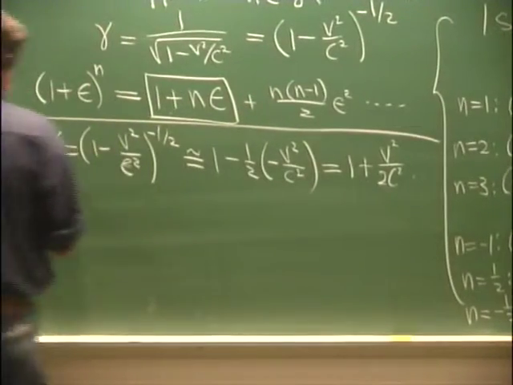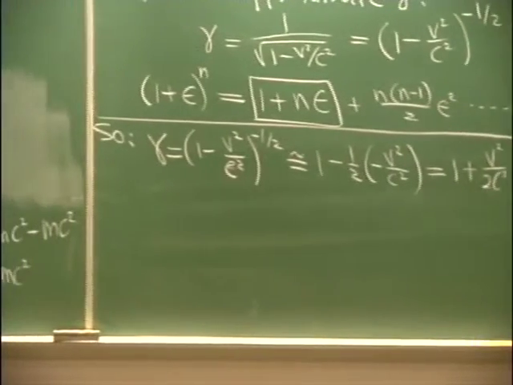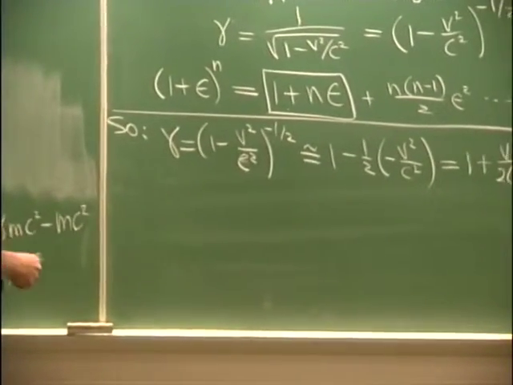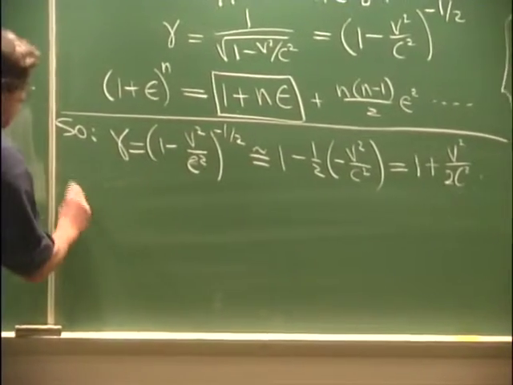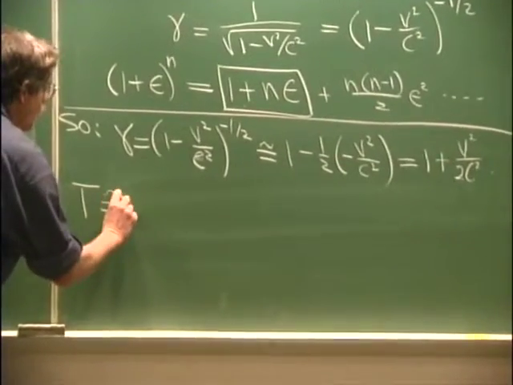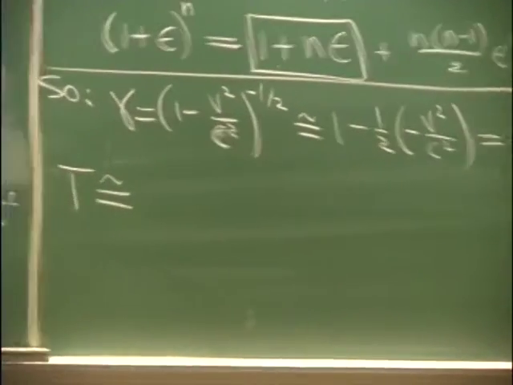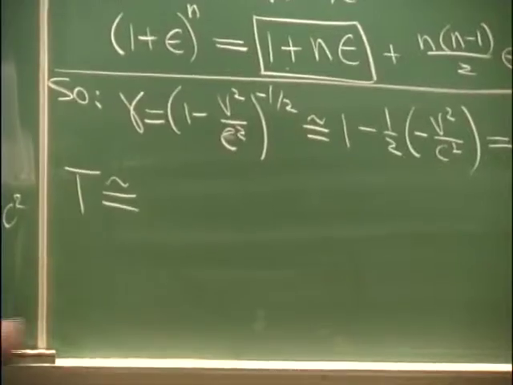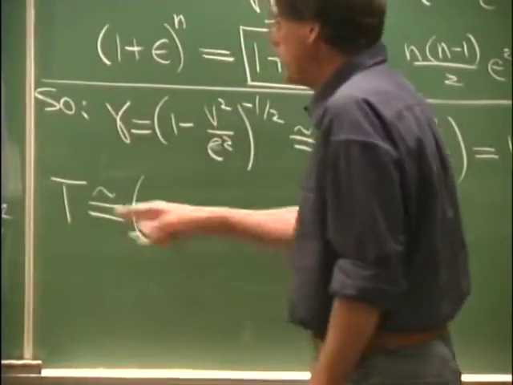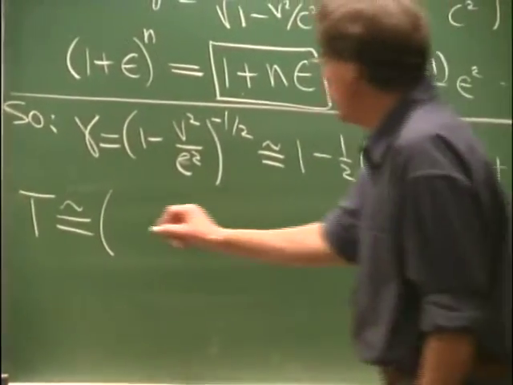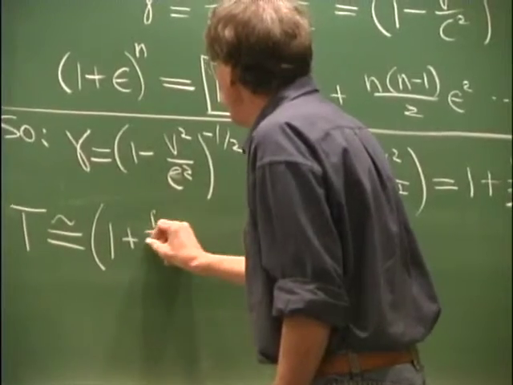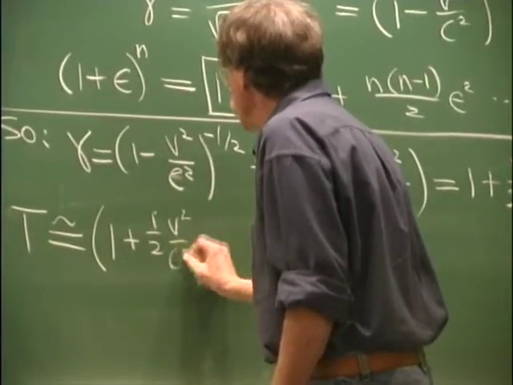So where are we? Gamma is approximately 1 plus v squared over 2c squared. Now what I was looking for is T. What is T? The kinetic energy. Well, it's exactly equal to gamma minus 1, times mc squared. But gamma is approximately 1 plus 1/2 v squared over c squared.